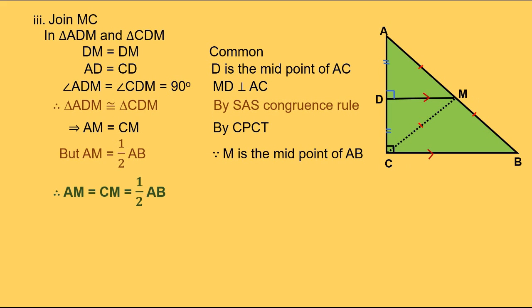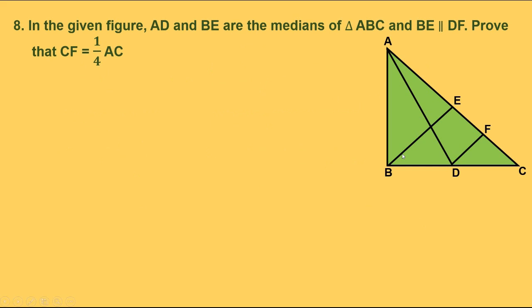Now moving on to next problem. Problem 8. In the given figure, AD and BE are the medians of triangle ABC and BE is parallel to DF. Prove that CF is equal to 1/4 of AC.